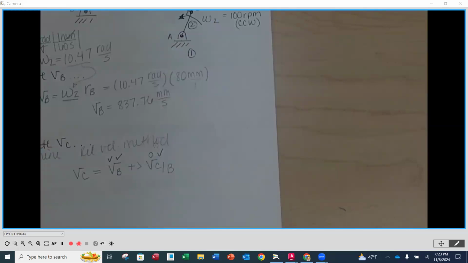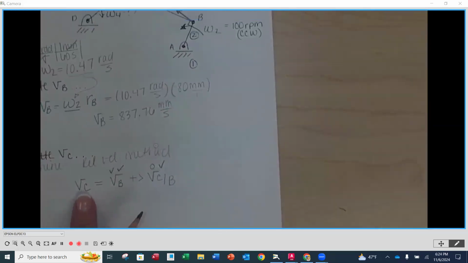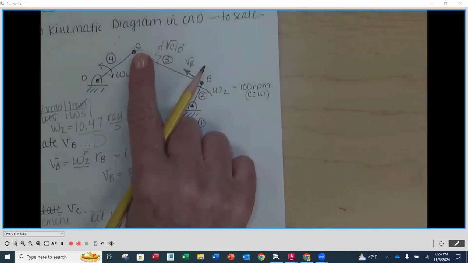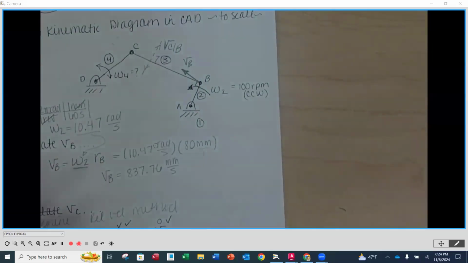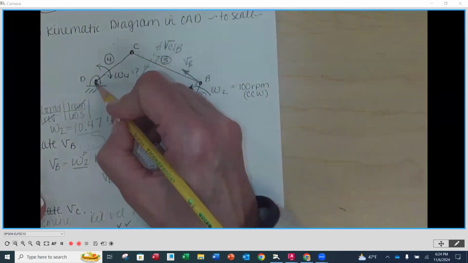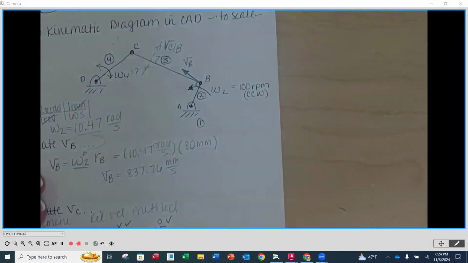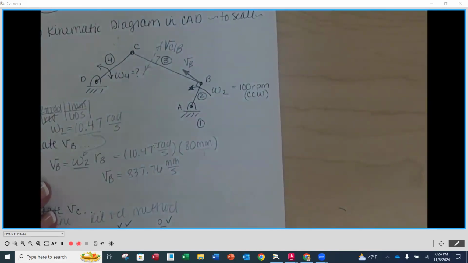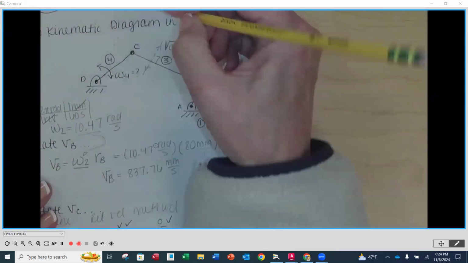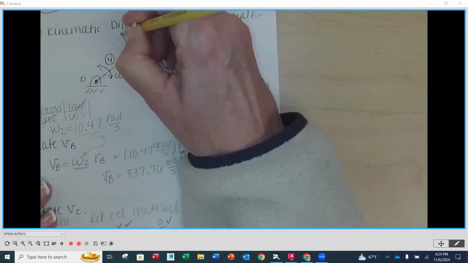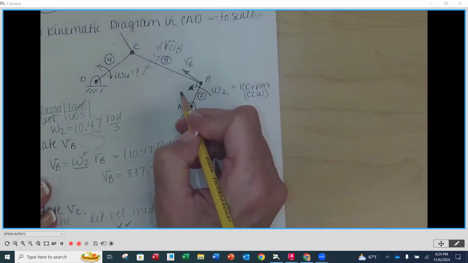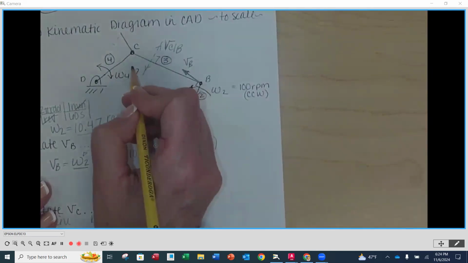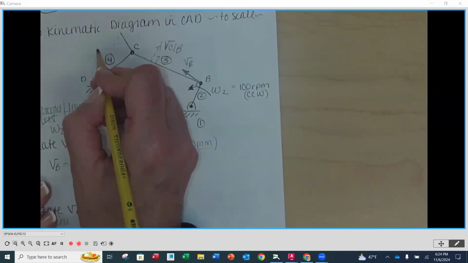Okay. And then lastly, we need to find the velocity of C, which is on the end point here of link number 4. And as we look here, we know that the direction of a velocity is always going to be perpendicular to that link, okay? But it's going to go through point C. So that means that it's going to be something like this. And chances are, if I'm rotating this driver counterclockwise, this too is probably going to go counterclockwise.